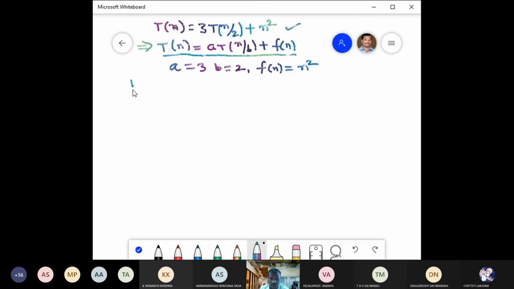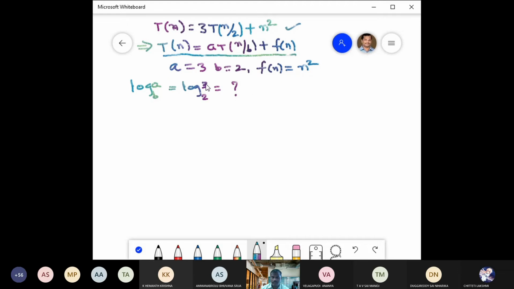First you compute log a to the base b, that is log 3 to the base 2. What is this value approximately?